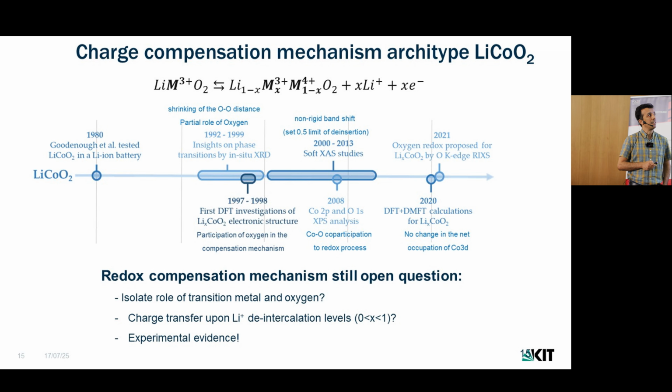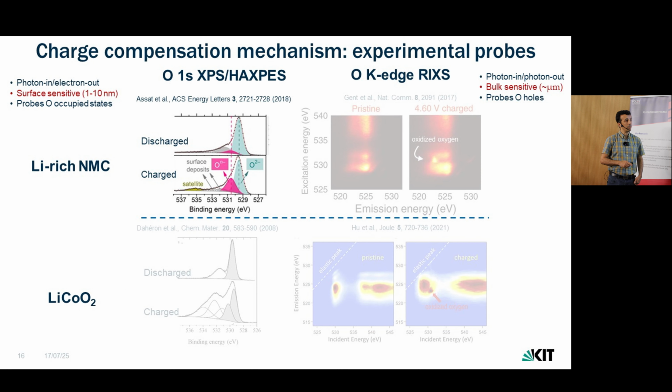And recently, there are more claims on the oxygen redox process proposed by RIXS or other sophisticated DFT calculations combined with dynamical mean field theory. So here we have to ask a new question: what is the charge transfer? How can we track this charge transfer with experimental evidence, by combining experiment and theory?